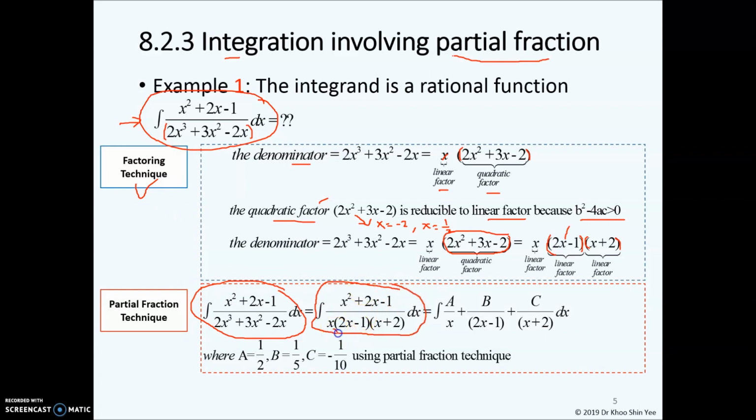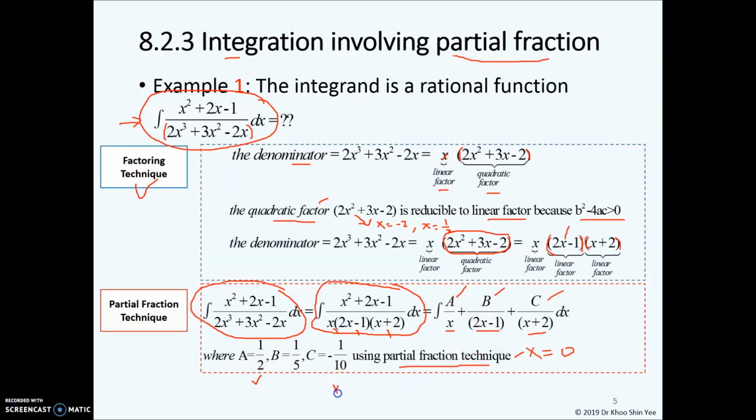From this form, you have 3 linear factors, and you want to solve the constants a, b, and c. By using the partial fraction technique, where you let x equal to 0, you should be able to get your a.